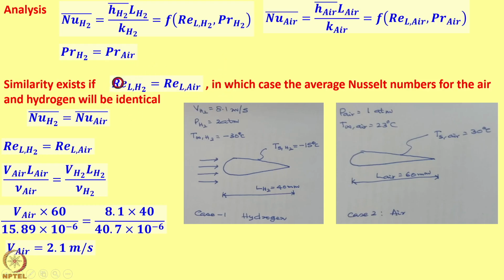So the Prandtl number of hydrogen is equal to the Prandtl number of air, and similarity exists as I told earlier, if the Reynolds number of the hydrogen case is equal to the Reynolds number of the air case. How do I keep that same? V air L air by nu air equals V hydrogen L hydrogen divided by nu hydrogen. So you substitute for length, 60 mm for the air case and 40 mm for the hydrogen case, you substitute for nu air and nu hydrogen, and you get V air.